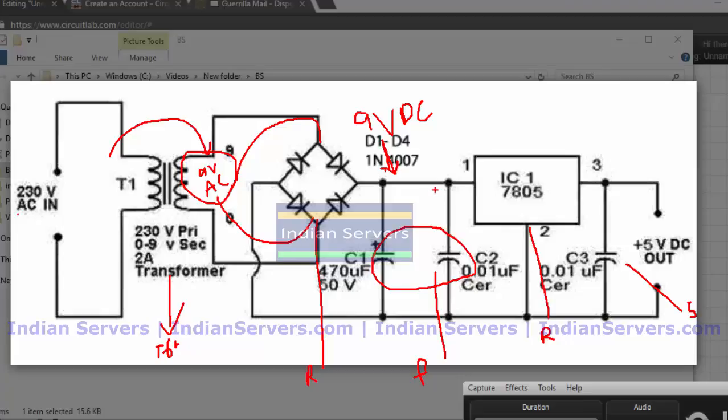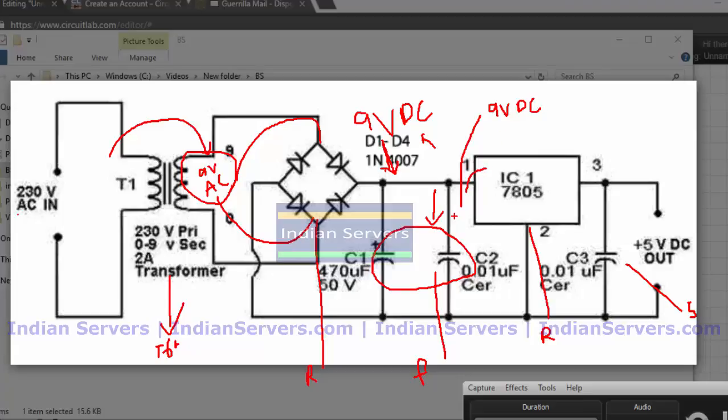Capacitors will remove the disturbances in the circuit. So by using the capacitors, the disturbances present in the output of the rectifier are eliminated. Finally, after filtration, we will get pure 9 volt DC.